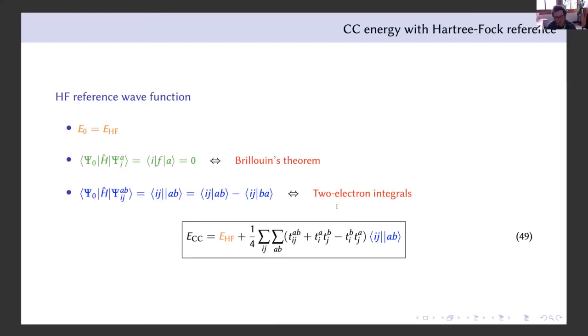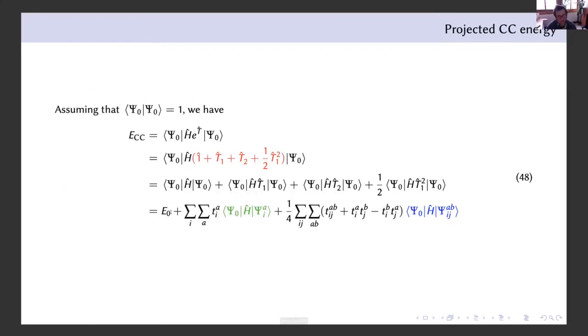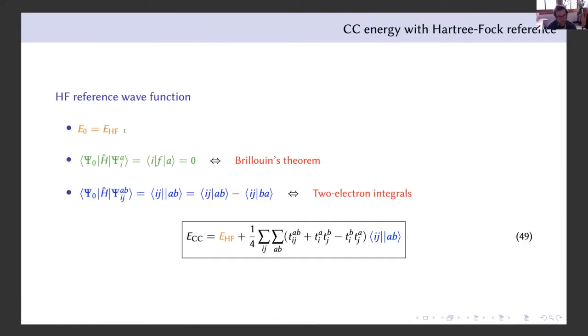So if I use a Hartree-Fock reference wave function, my reference energy E0 over here is just the Hartree-Fock energy. I'm going to have some nice properties, because thanks to Brillouin's theorem, I know that psi 0 does not interact with the singles, since I have a Hartree-Fock reference, so it's going to be 0.